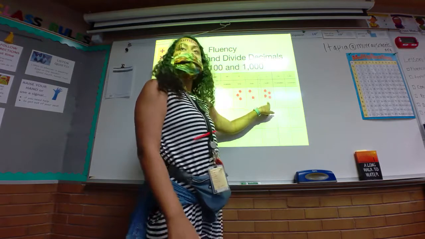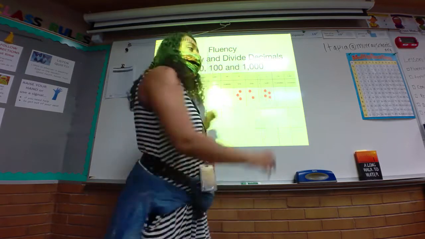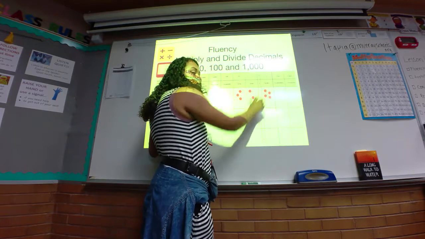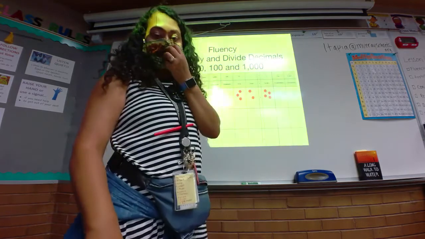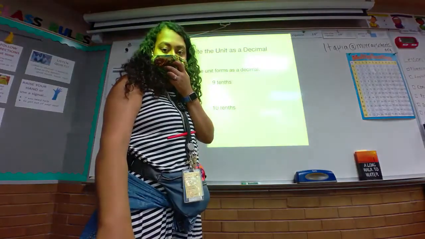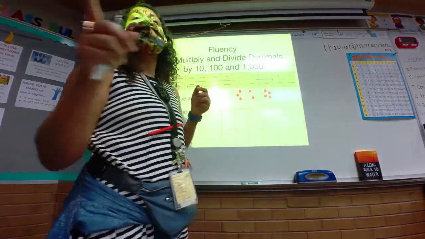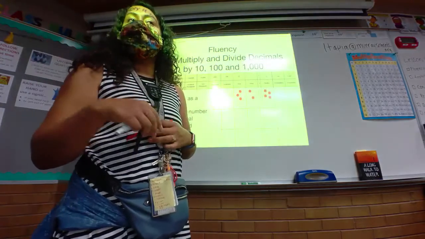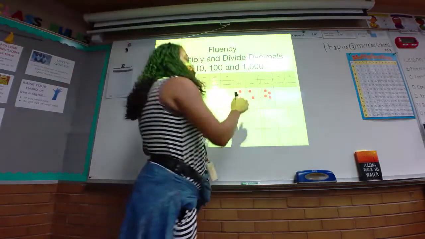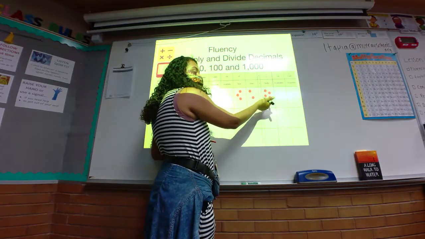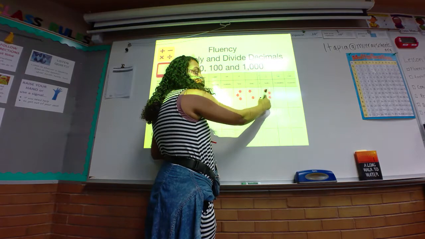Thank you, Alejandro. So now how do we say this together? 32 and 4 tenths. Okay? Now, draw it down on your place value template. So 3 tens, 2 ones, decimal, 4 tenths.